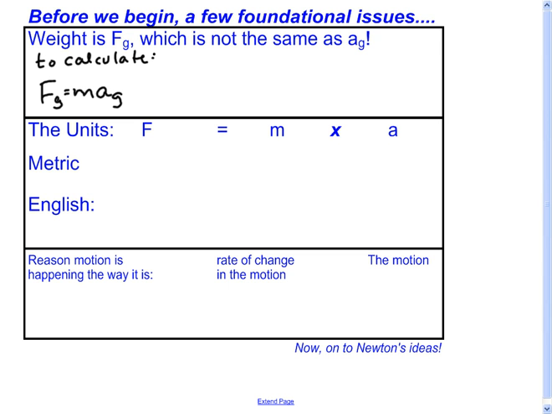Now, what if you wanted to measure Fg? How do you measure your weight? Stand on a scale. If it's an object, just put it on a scale. Now, what's Ag?